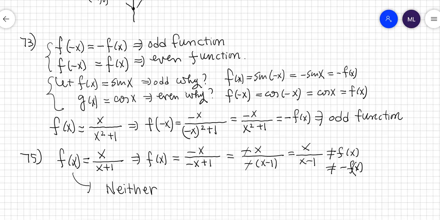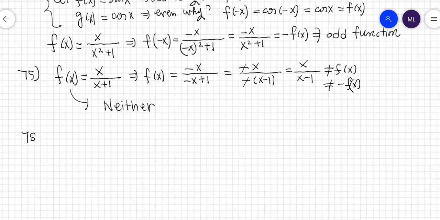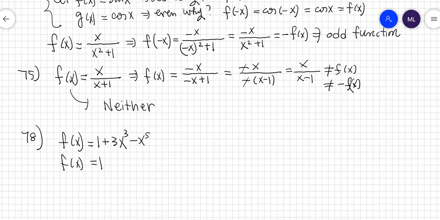And then 78. It says f of x is 1 plus 3x cubed minus x to the fifth. F of negative x is 1 plus 3 negative x cubed minus negative x to the fifth.